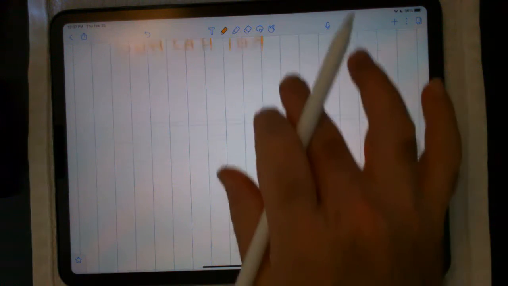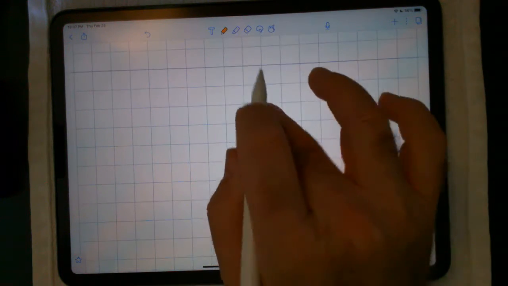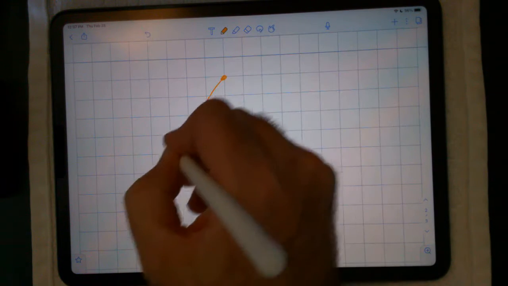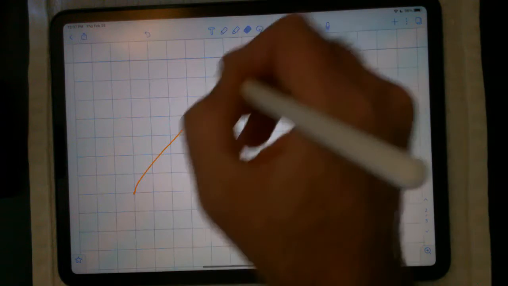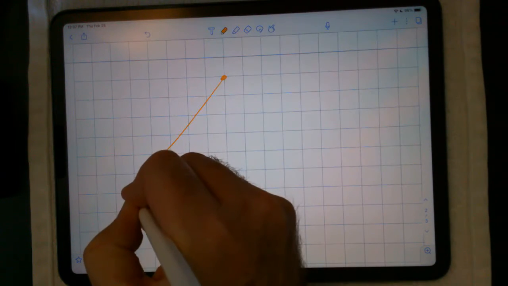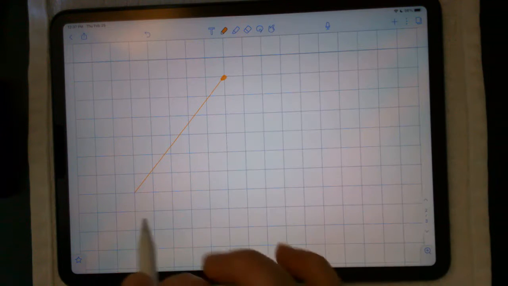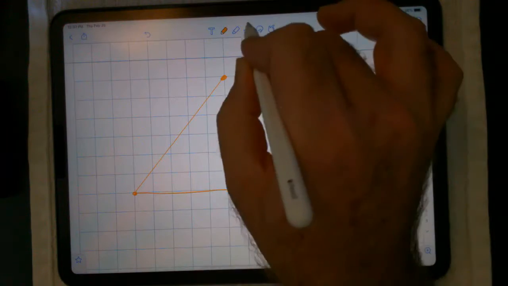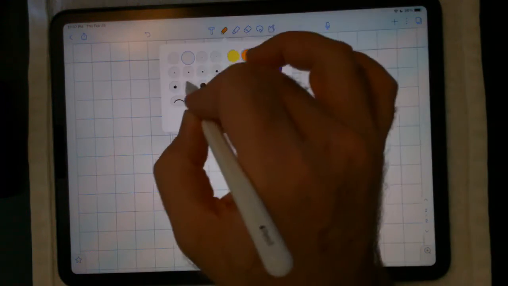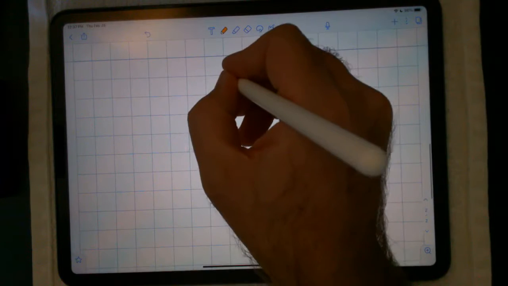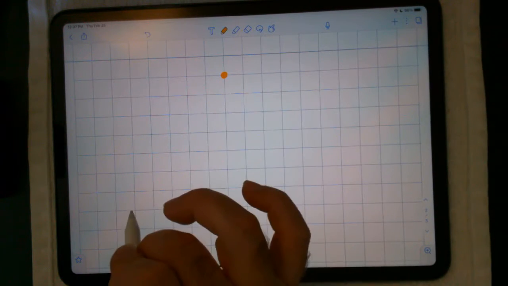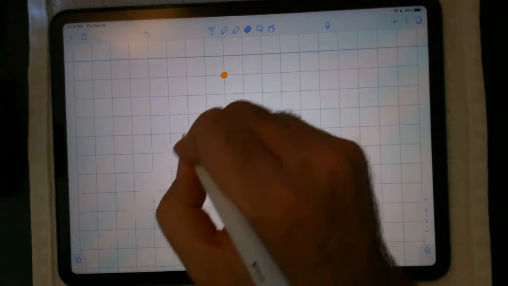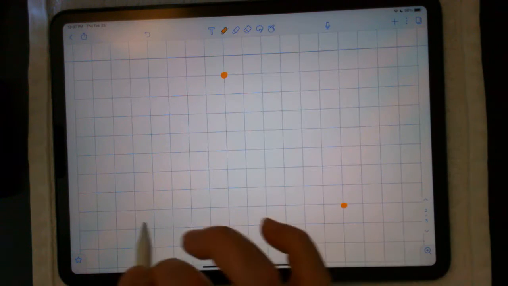Okay, something else. Let me show you something. I'm just eyeballing this, so if you take your ruler out, it might not be exact.